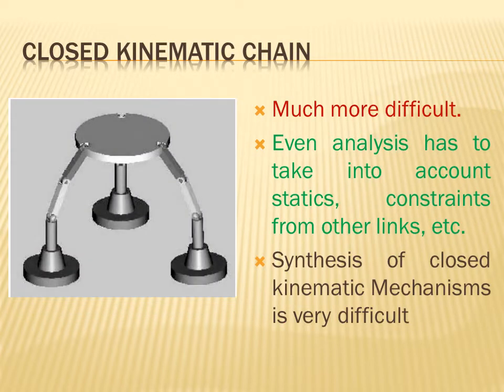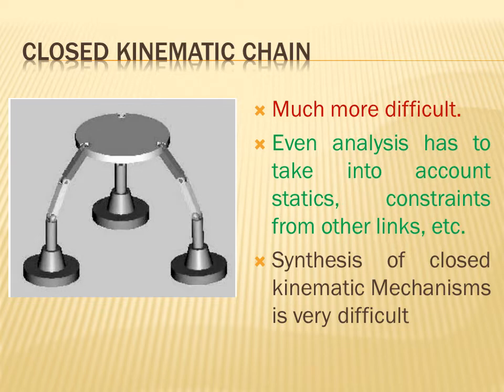As I told you, compared to the open kinematic chain, the closed kinematic chain analysis is much more complicated or difficult, right? Consider here, this is one kinematic chain, this is another kinematic chain, and this is a third kinematic chain, and three different kinematic chains are connected with the help of a single circular link, right?